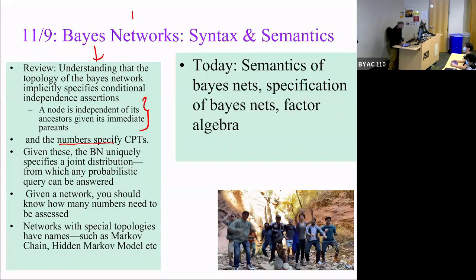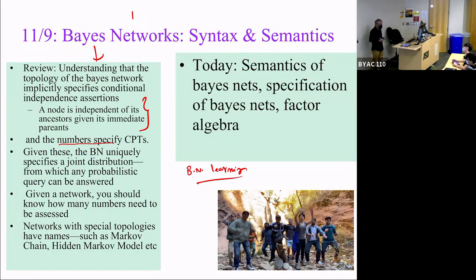So the so-called Bayes net learning, which we will talk about, or statistical learning, is essentially learning the topology and learning the numbers behind a Bayes network. That's it. So if I give you a whole bunch of variables and I don't tell you anything else, then you need to first decide what topology, and then decide, given the topology, what should be the numbers.